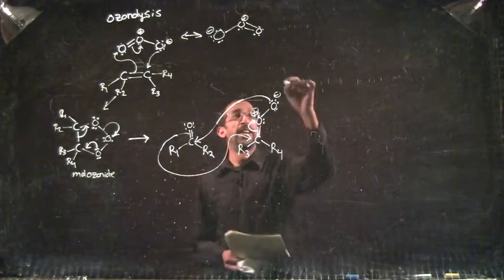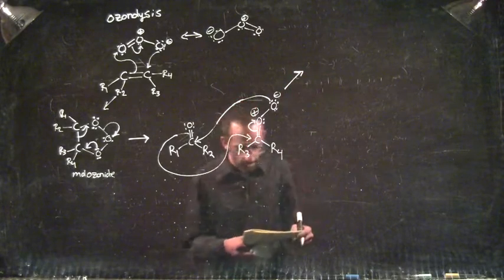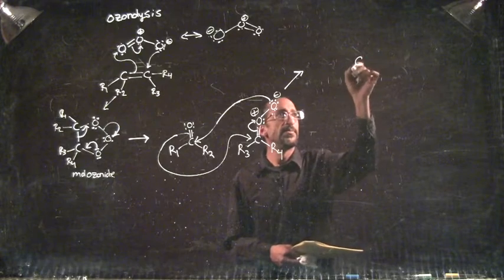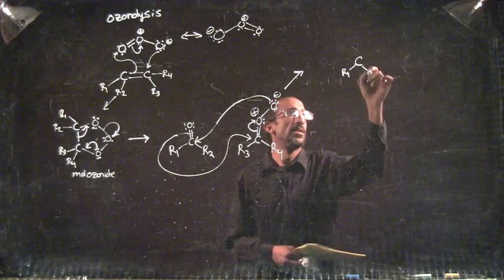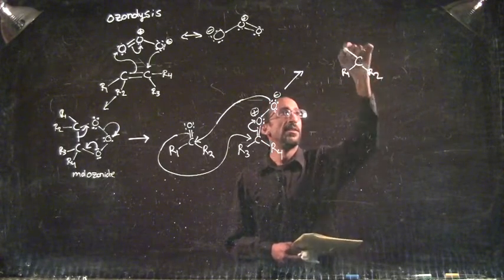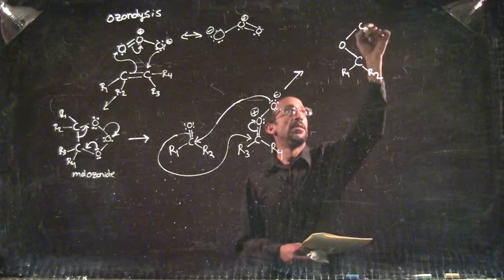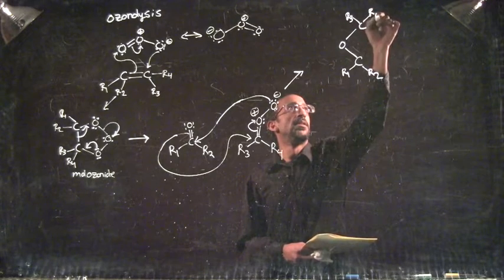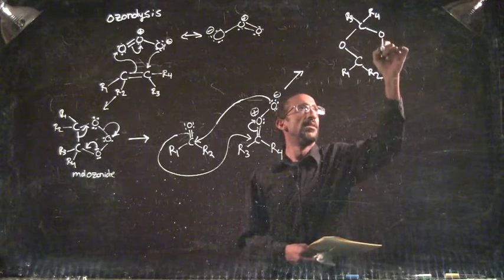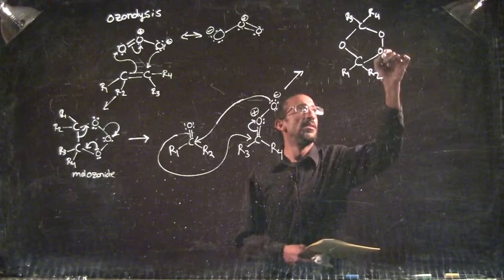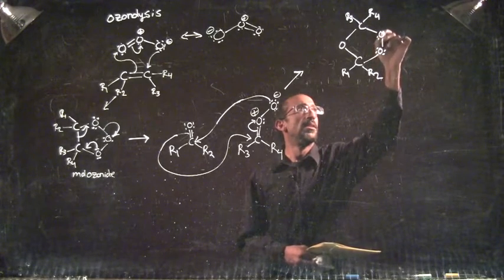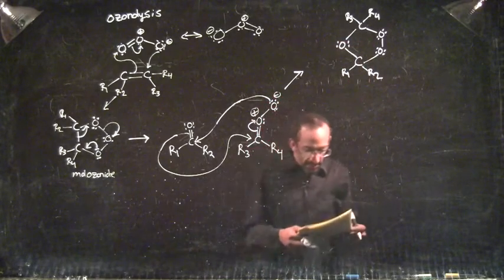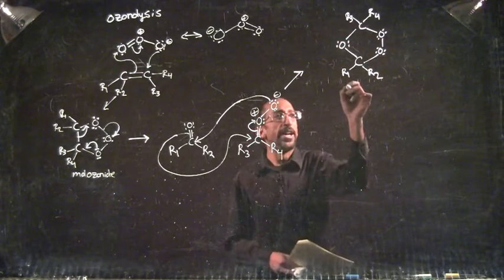I'm going to work my way up, give myself a little bit more space. That looks like this. And this intermediate is known as an ozonide.